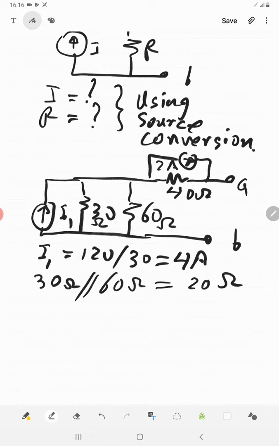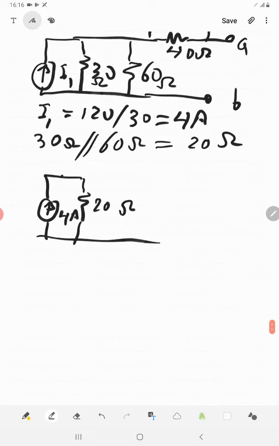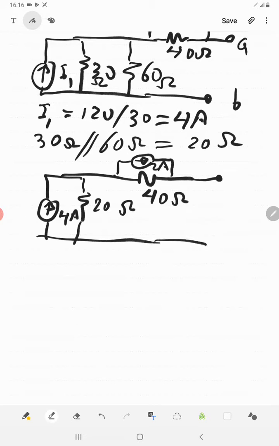Okay, so what we will obtain is 20 ohms here and a current source of 4 amps, and then we have this 40 ohms, and we have this 2 amps. Okay, and we have A and B, step by step.